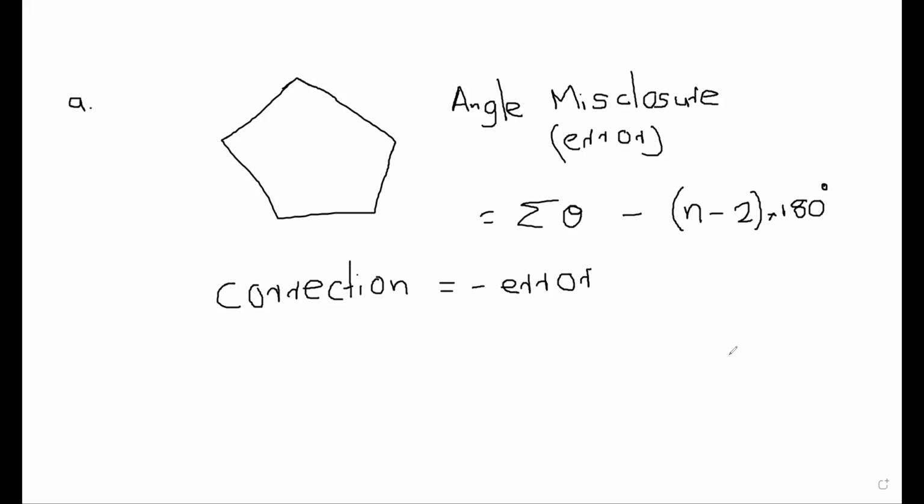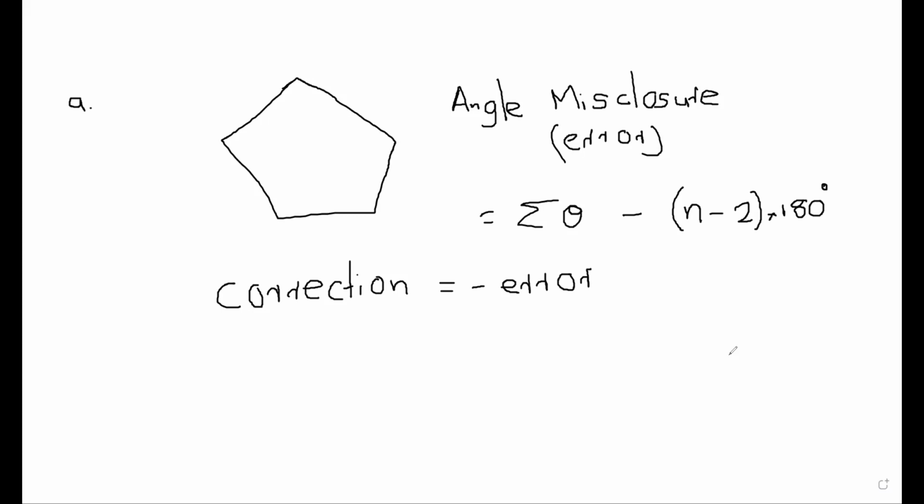Correct it means you have to reach the reference value or the actual value. The action you are taking to take your measured value into the correct value is called the correction. If you have a plus error, you have to reduce it. If you are below, you have to recover it. That is the correction.